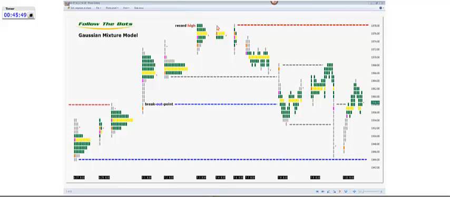And using our maximum likelihood projection estimate, we have been within a margin of error of approximately 3 to 5 points in estimating the stopping point of each of these new highs, all 50 of them. So that's one thing that I want to bring to your attention.